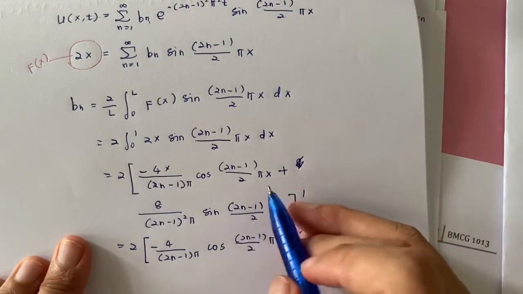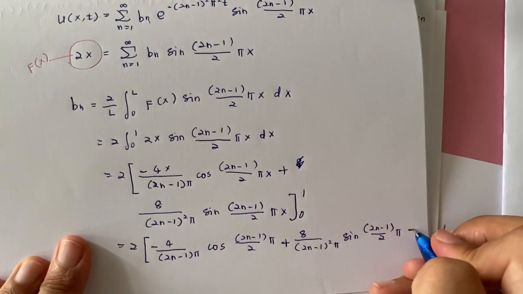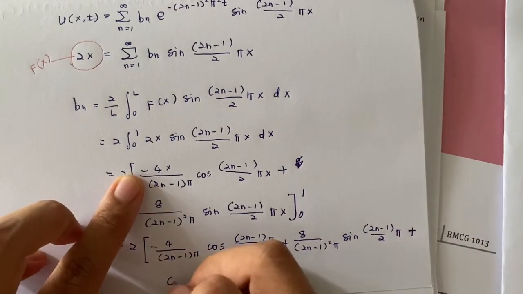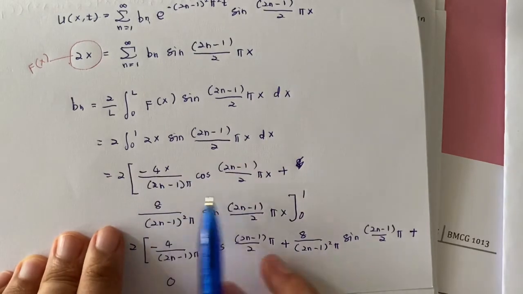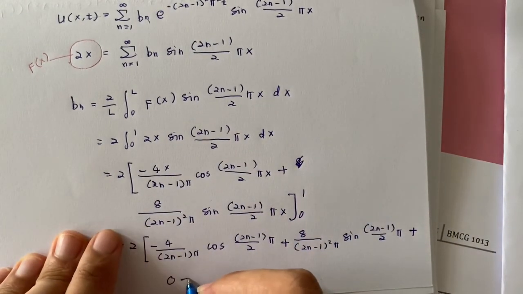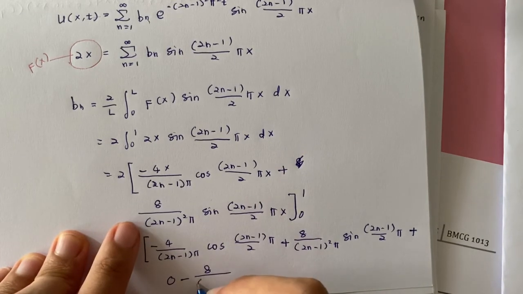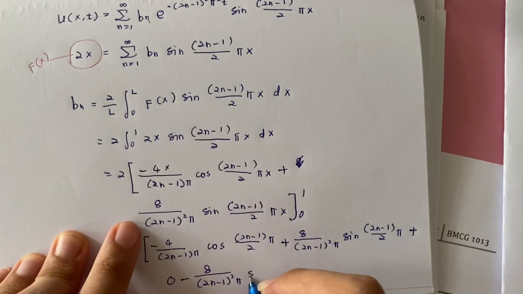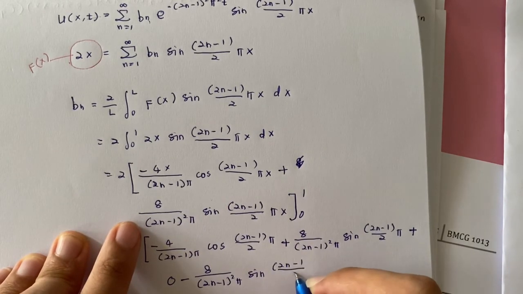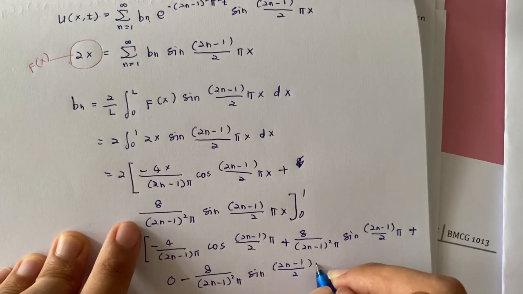Okay, substitute x with 1. So minus plus 0, because 4 multiplied by 0 is equal to 0. And then you have minus 8 over (2n minus 1) squared pi sine((2n minus 1)/2 pi times 0).